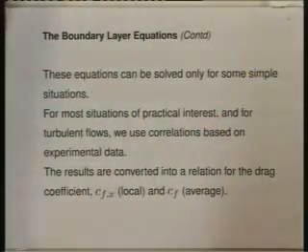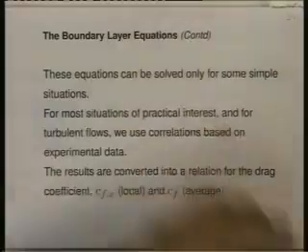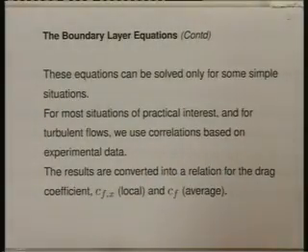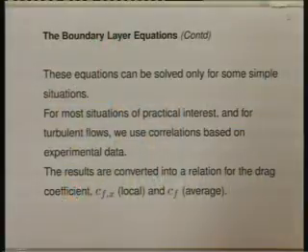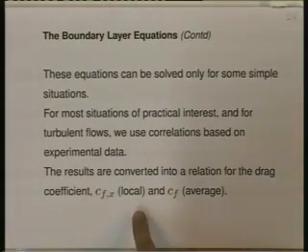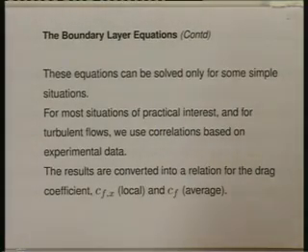And just the way experimental data and pressure drop results for internal flows are converted into a dimensionless parameter called the friction factor, here in case of boundary layer flows or external flows, the results are converted into a relation for what is known as the drag coefficient or the skin friction coefficient.